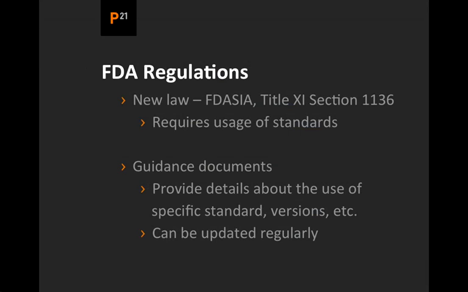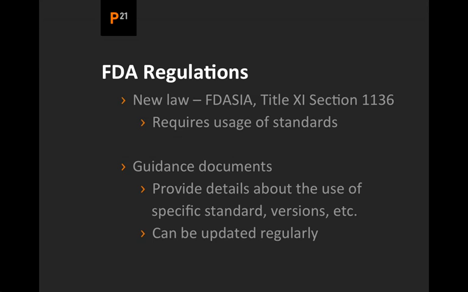Okay, here is a quick overview of our FDA regulation documents. There is a recent law, the so-called FDA Safety and Innovation Act, which allows FDA to require usage of standards for submission data.